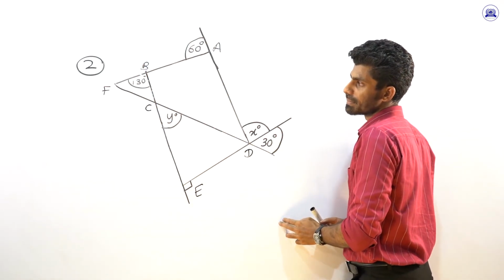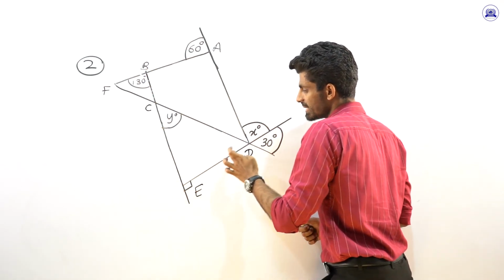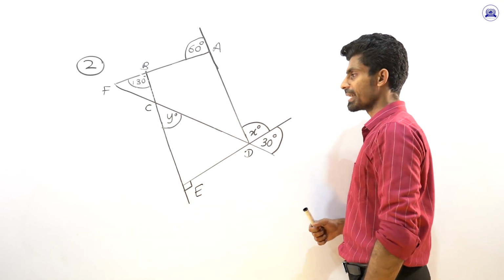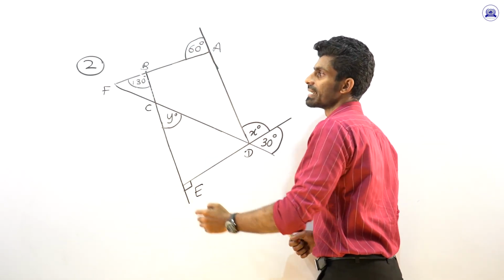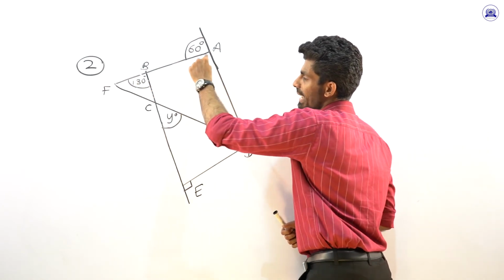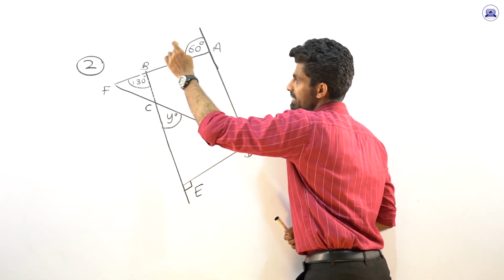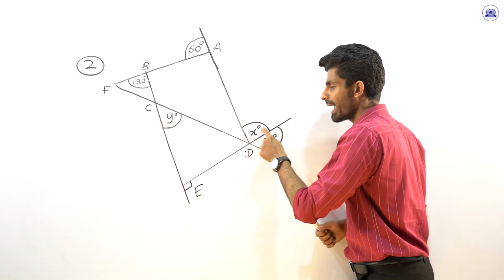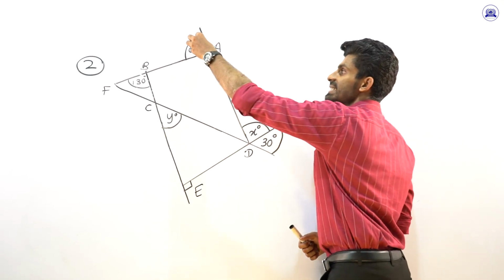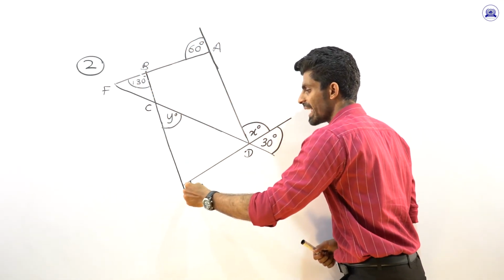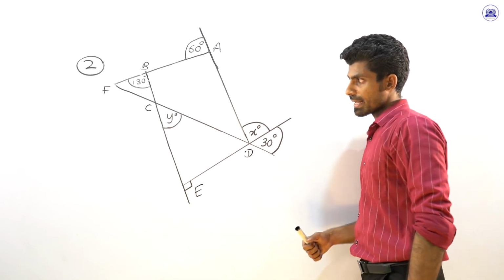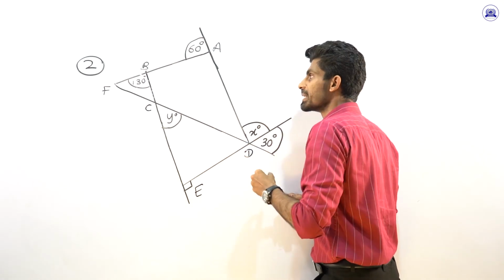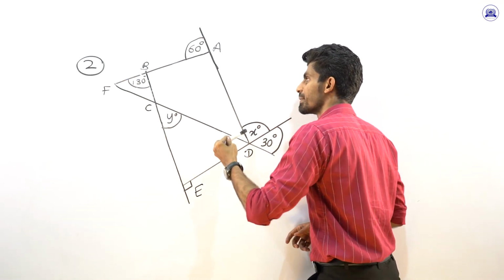So look at the exterior angles: 60, 130, 90, and X. Now, can you see what shapes are in that figure?